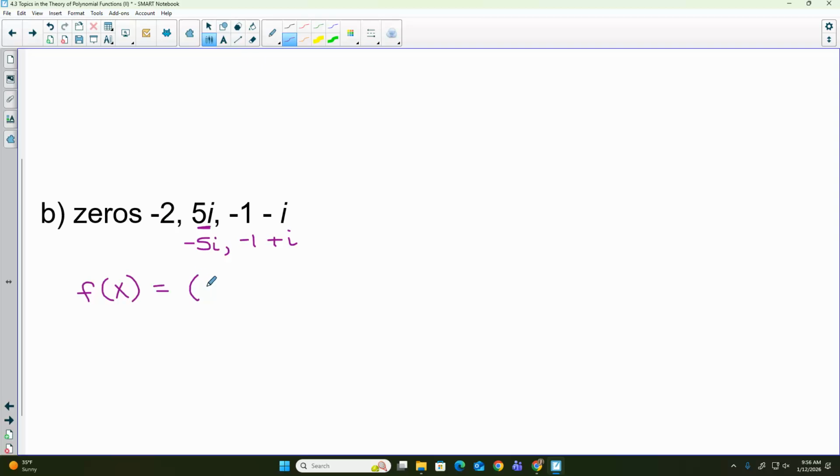If -2 is a zero, what's my factor? Right, so it's the opposite sign. So 5i is a zero, we have x minus 5i. -5i is a zero, x plus 5i. What are my other two parentheses going to be?